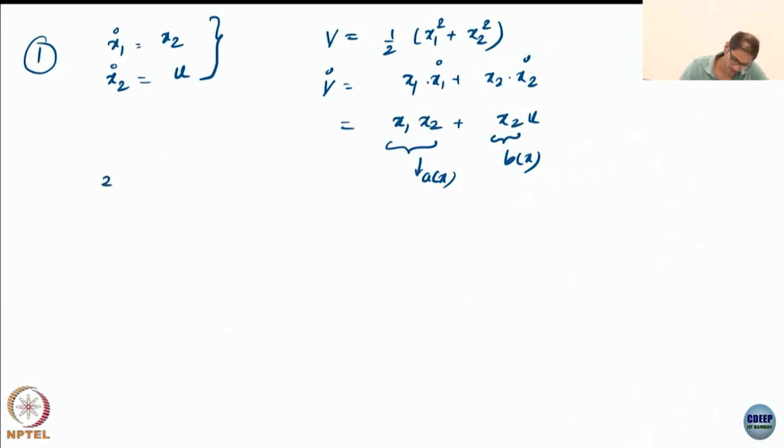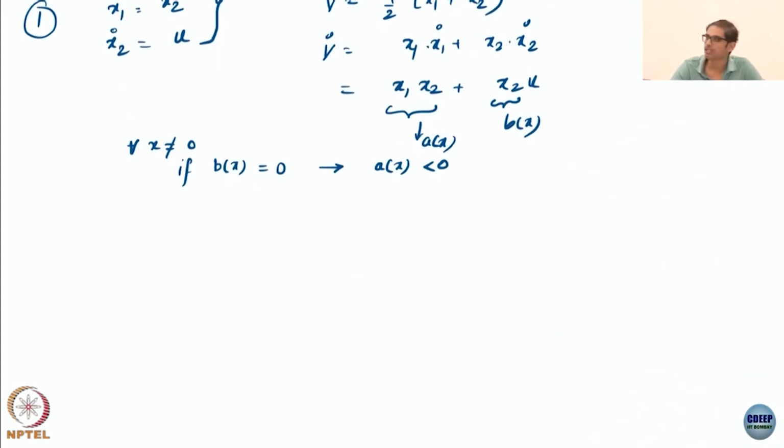The second condition, in terms of A and B, because I have written already A and B. For all x not equal to 0, if B of x is actually 0, then A of x has to be strictly negative.